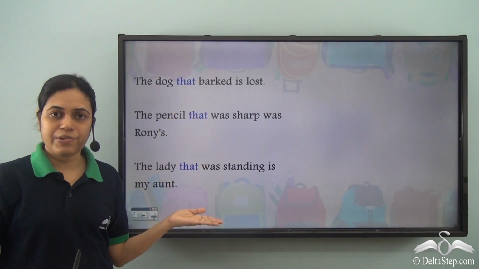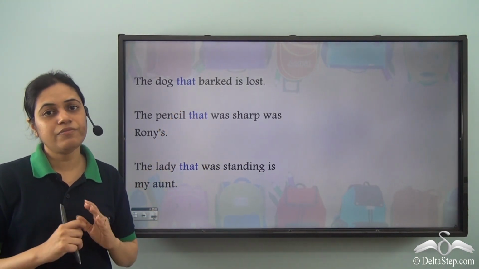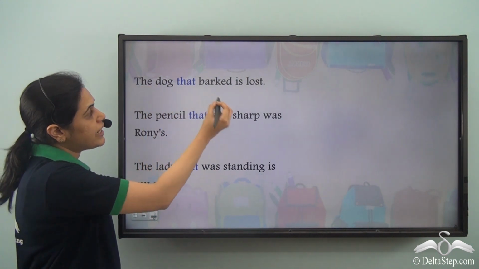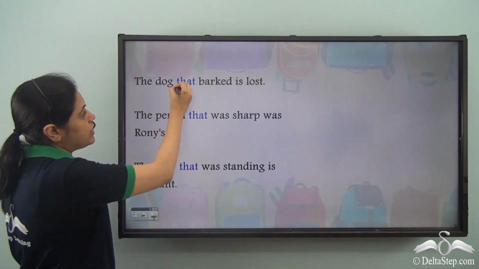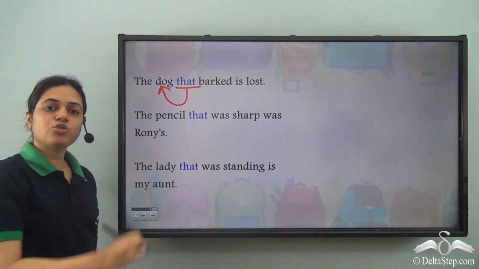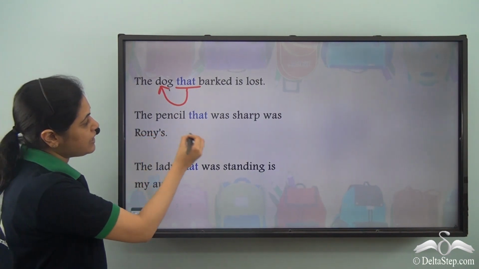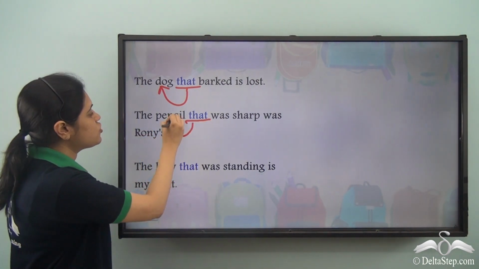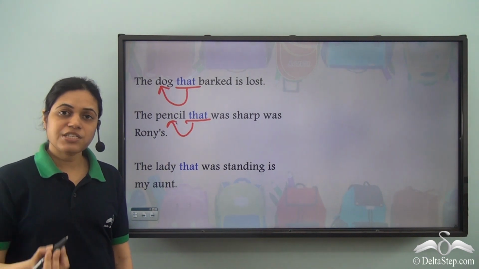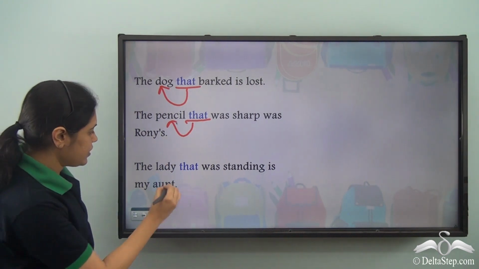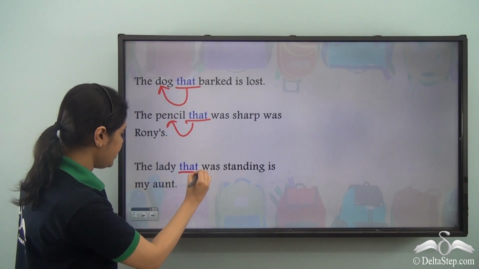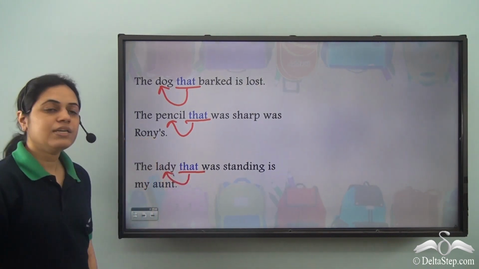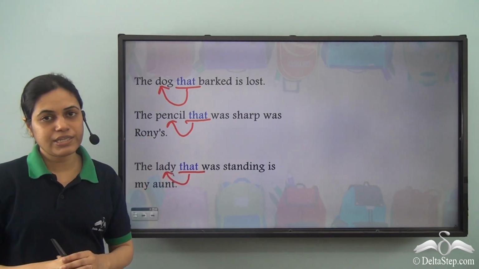So say for example, we have these sentences here with that. The dog that barked is lost. So that refers to the dog. The pencil that was sharp was Ronnie's. That refers to the pencil. The lady that was standing is my aunt. That refers to the lady.